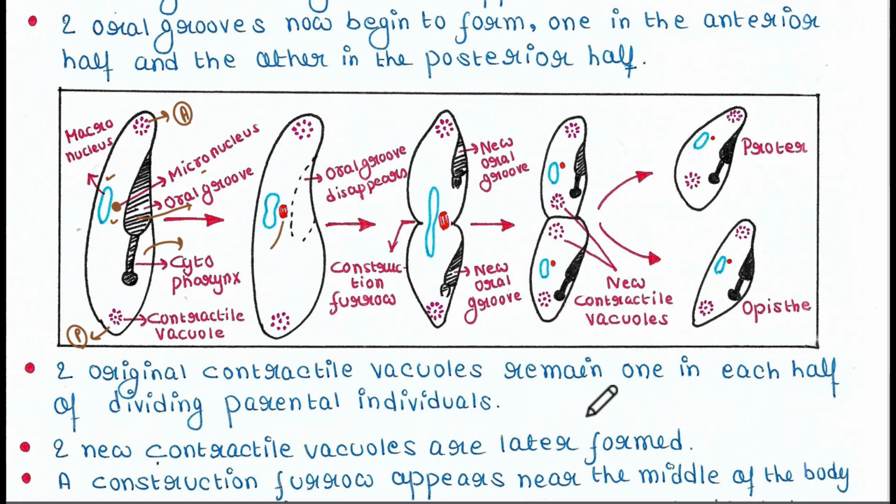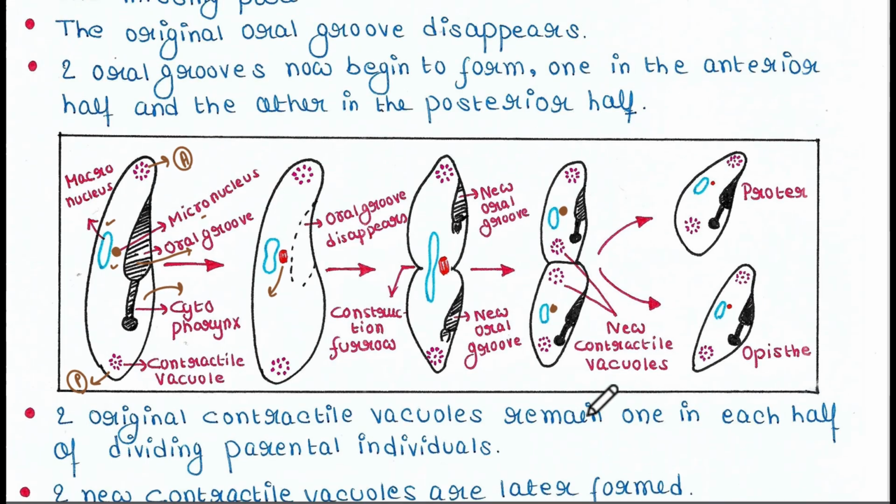So this is the dividing micronucleus. Here is the mitosis that is occurring, and after the completion of mitosis, two micronuclei are formed. So two micronuclei are formed in this way, and these two micronuclei will move to the opposite poles, right? Okay, this is the first thing.